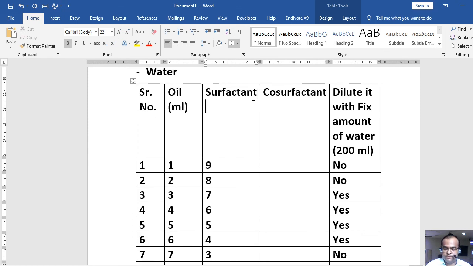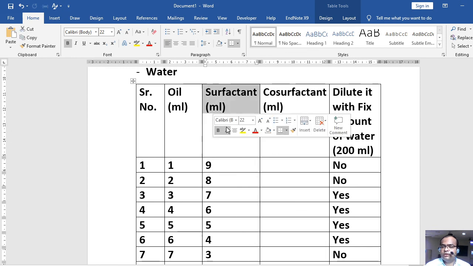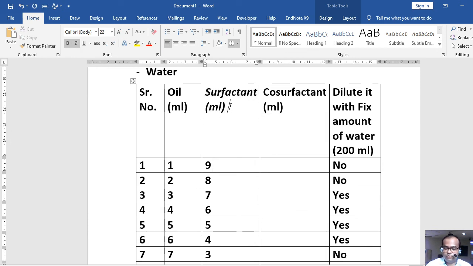Okay, so again, drawing of the phase diagram is similar to what I showed you. Previously I showed you that we'll select the composition of surfactant and co-surfactant in a 1:1 manner. We can then calculate the proportion of each of them later on.